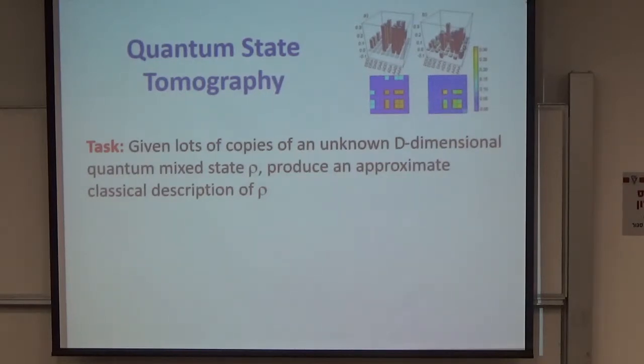You would like to measure all of these copies, maybe measure each one separately, maybe even apply a collective measurement across many copies. But whatever you do, your goal is to produce an approximate classical description of rho. You actually just want to learn the d by d matrix.